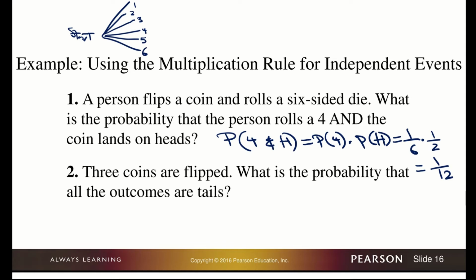Now, no matter which one of those is the outcome, when you flip the coin, you're going to have 2 choices, heads or tails. This is going to be a little bit tight here. For the 3, we're going to have heads or tails. For the 4, 2 choices, heads or tails.